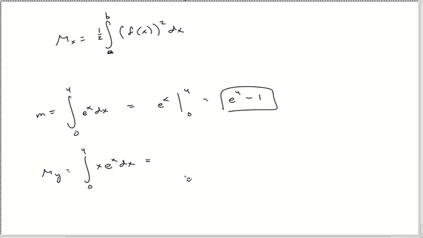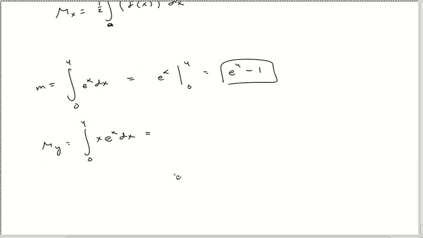This is actually an integration by parts format. This is your u, du is dx. You can say your dv is e to the x dx, v is equal to e to the x. Okay. And so your integral answer is uv minus the integral of v du.